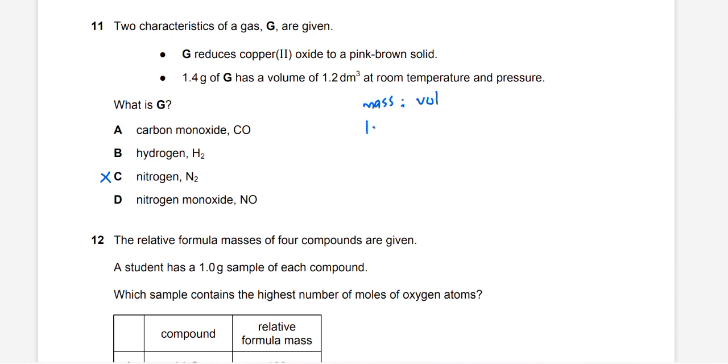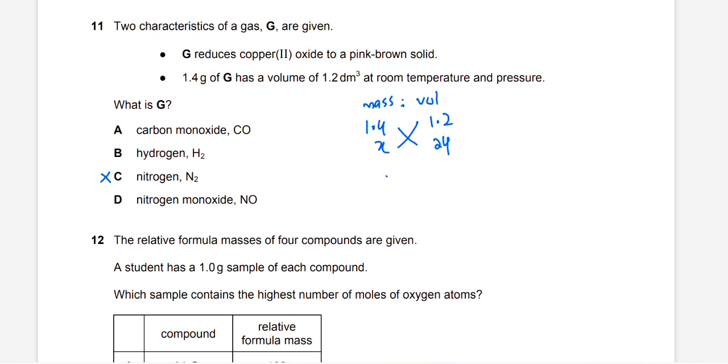If we have 1.4 gram, the volume will be 1.2 dm cube. But if we have 24 dm cube, what will be the mass? Because 24 dm cube contains 1 mole, it will be the molar mass.